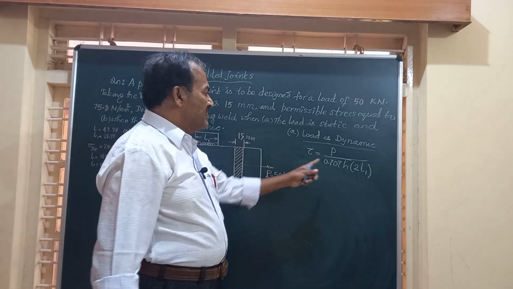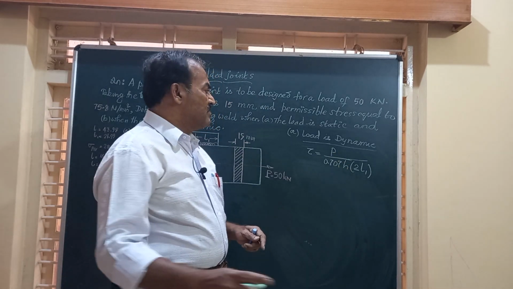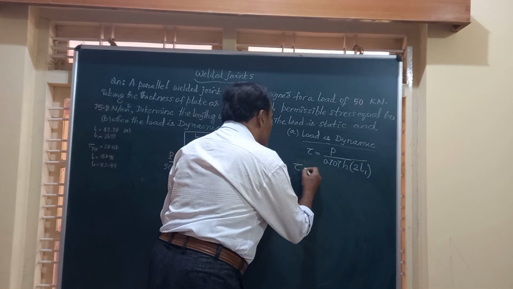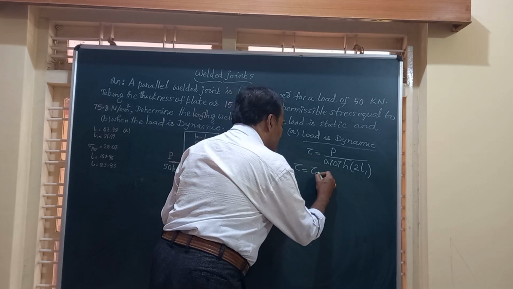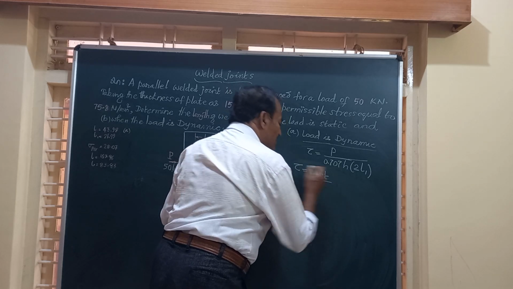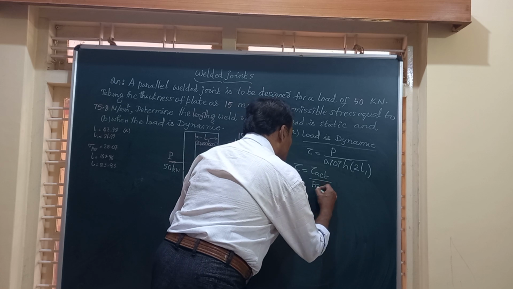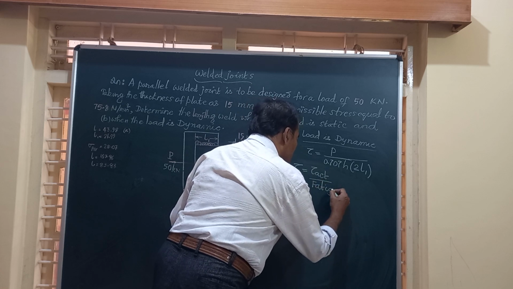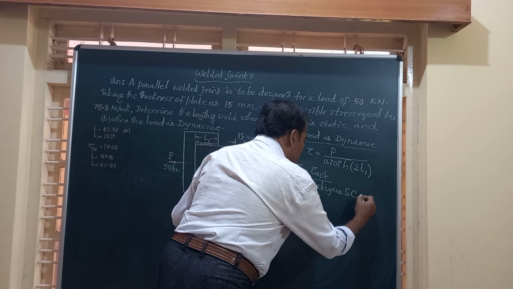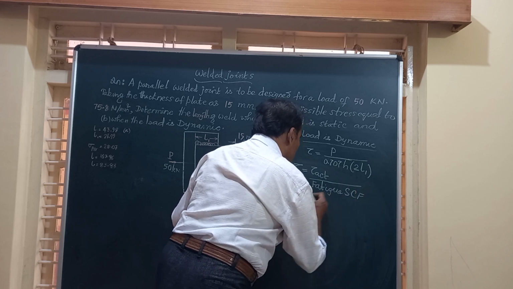But friends, here P and H are all the same, but this tau is equal to tau actual divided by the fatigue stress concentration factor.